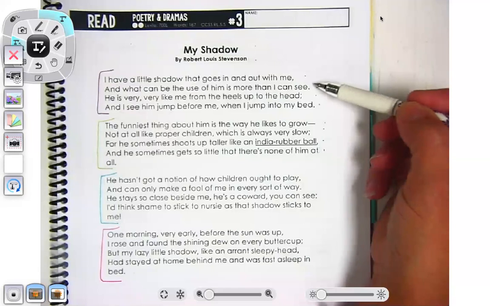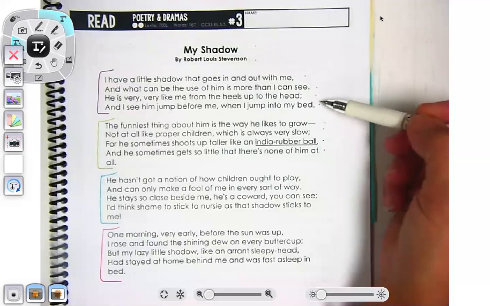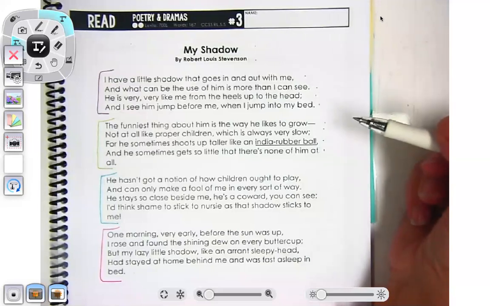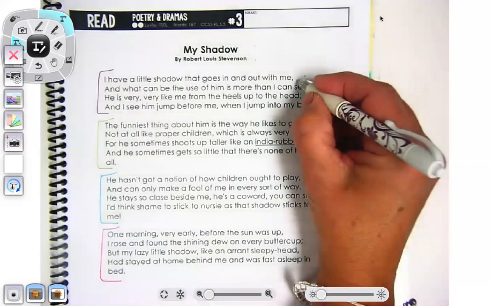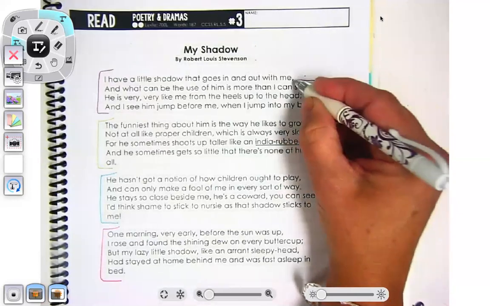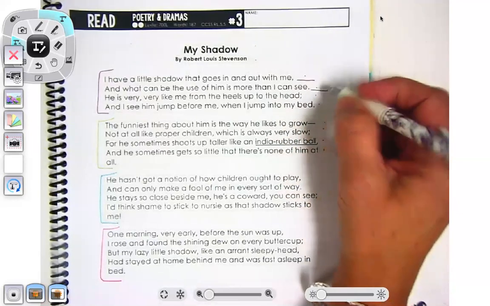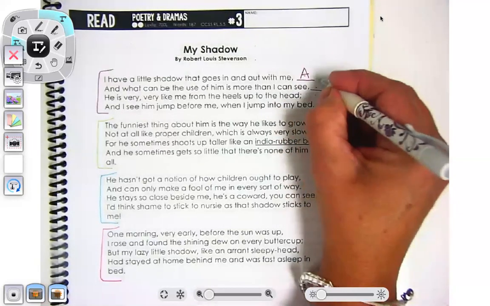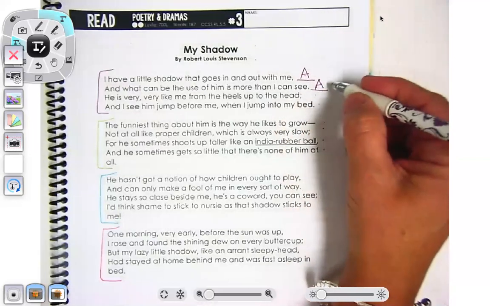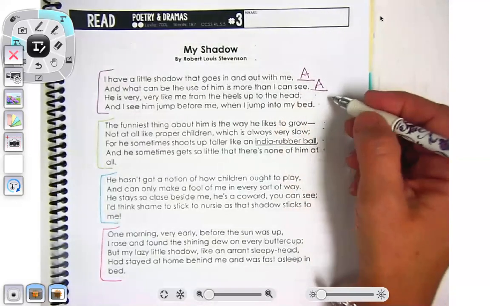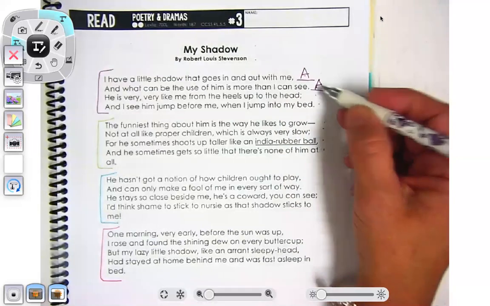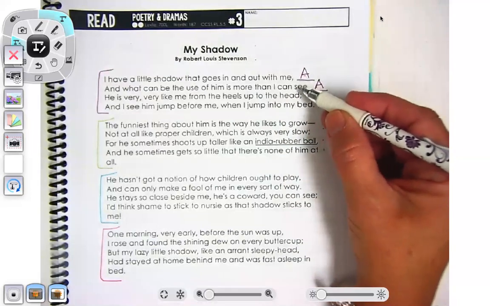Me, see, head, bed. Did you notice something going on there? The words me and see rhyme, and we call that A, because those two rhyme. The next two words, let's see if they rhyme. Me, see, head.